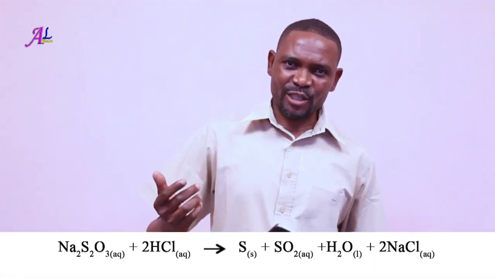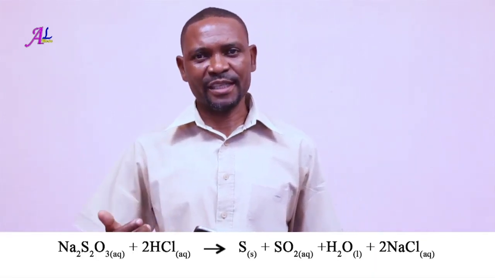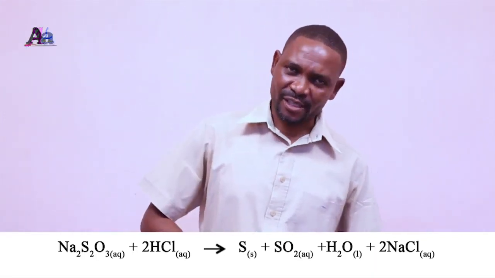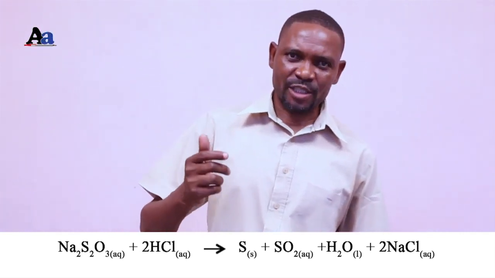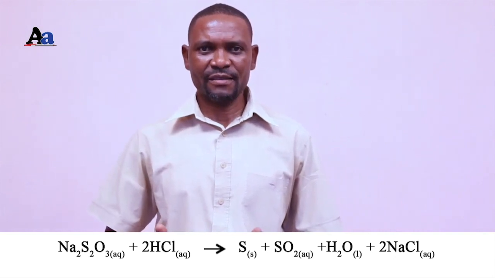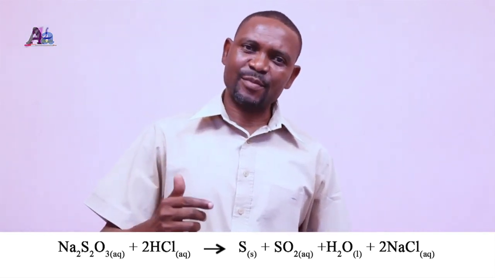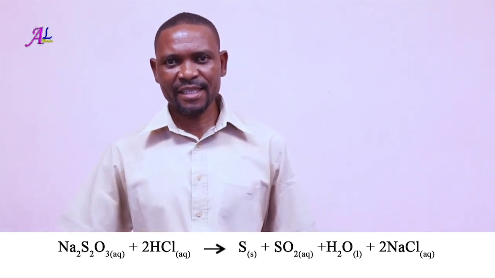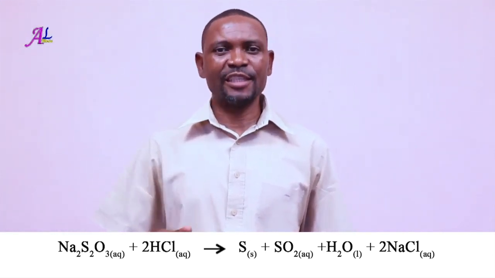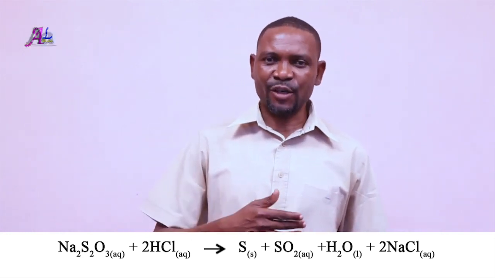To go about this, we shall have a reaction between sodium thiosulfate and hydrochloric acid. From the equation, sodium thiosulfate and hydrochloric acid react to produce sulfur as deposits. We also have sulfur dioxide, water, and sodium chloride. As we shall see in the experiment, the sulfur deposits that are produced during the reaction will form a cloudy material that will make the cross perish.